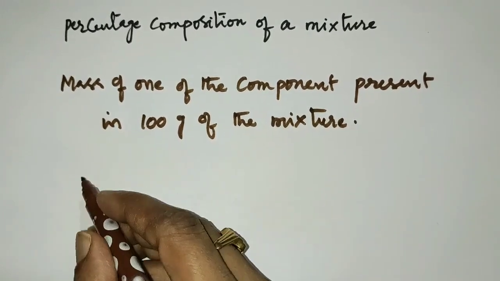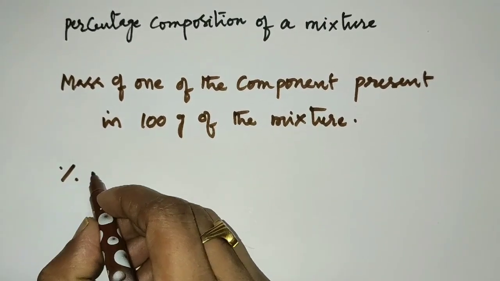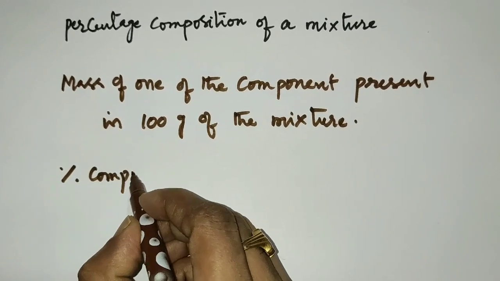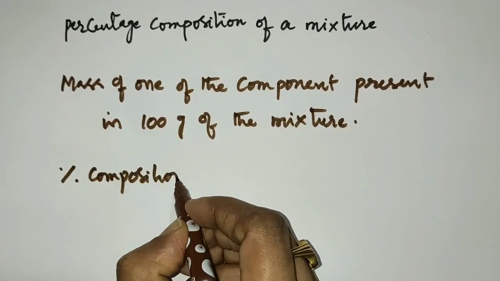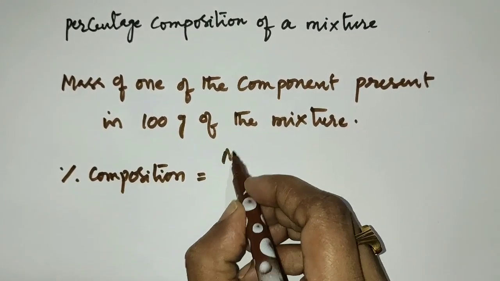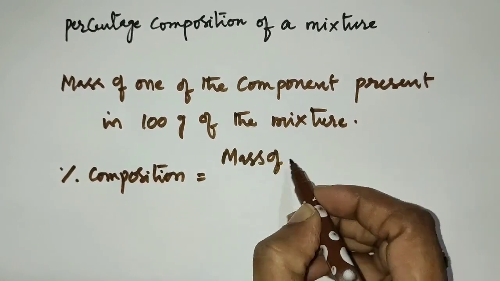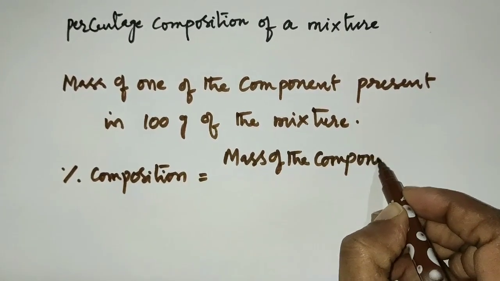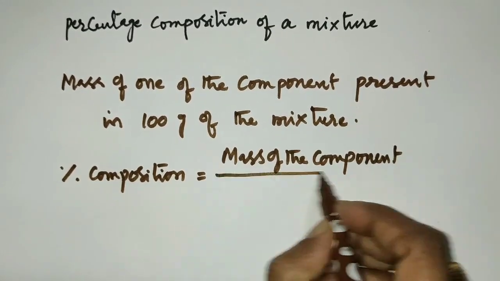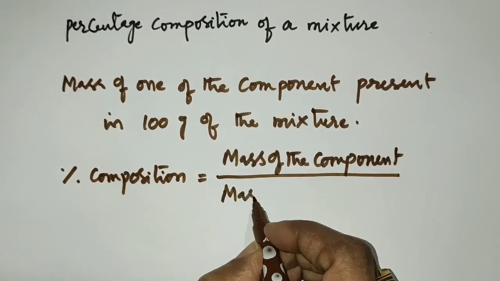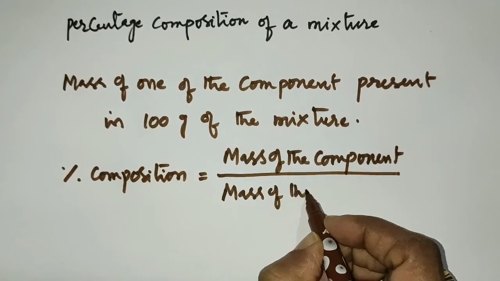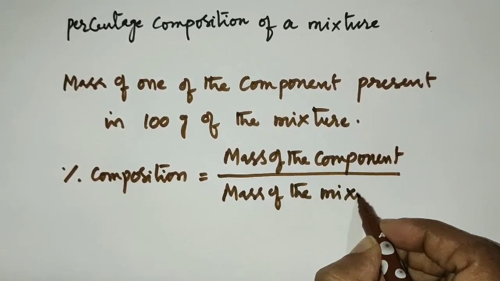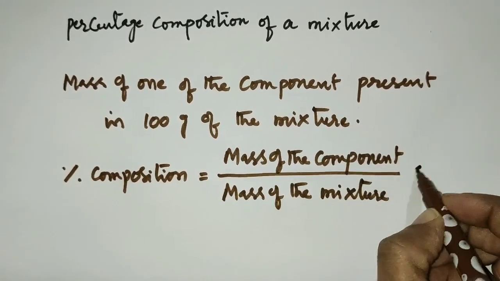And it can be determined by using the formula: mass of the component divided by mass of the mixture into 100.